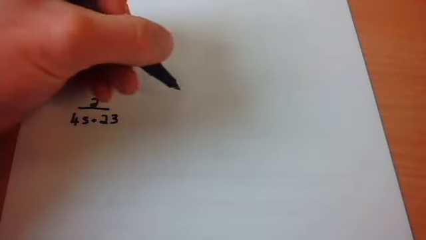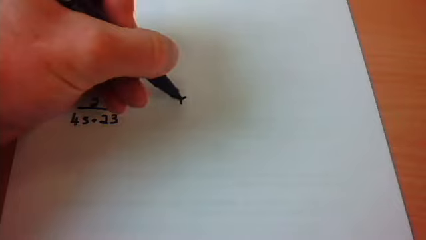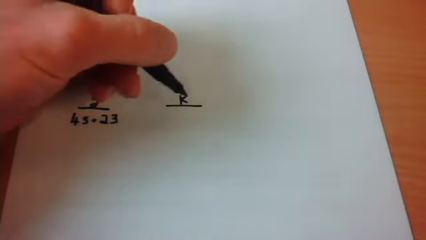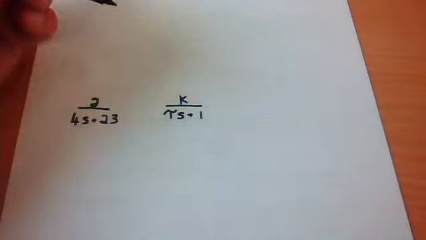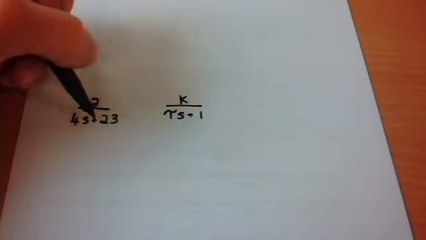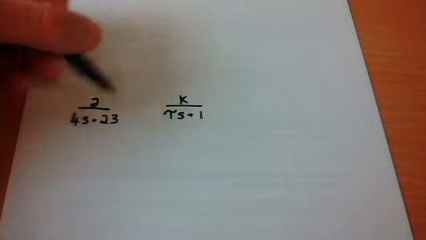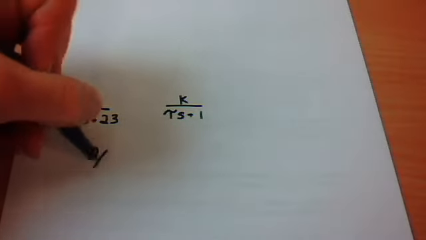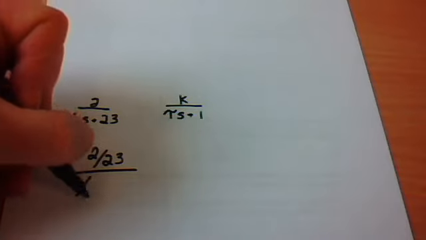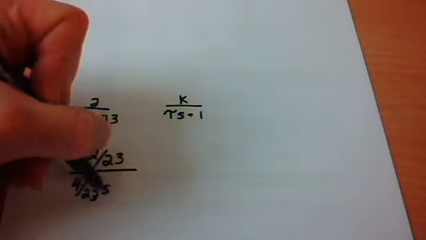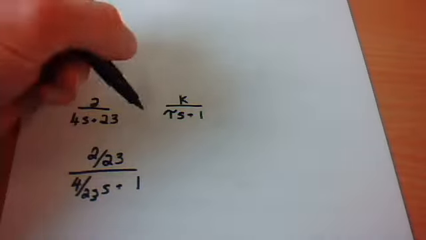Okay, so to find tau, we need to get it in the format of a numerator over tau s plus 1. So to get it into that format, we simply divide everything by 23. So we have 2 divided by 23 over 4 divided by 23 s plus 1.